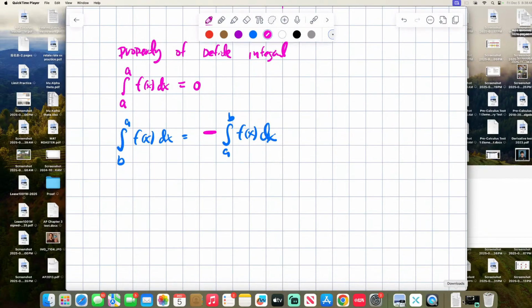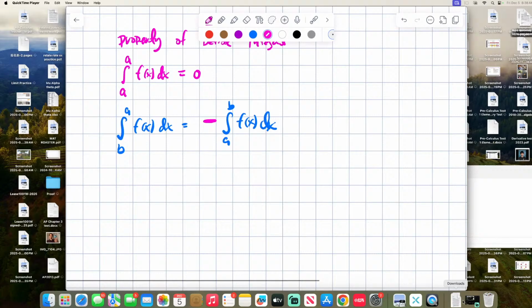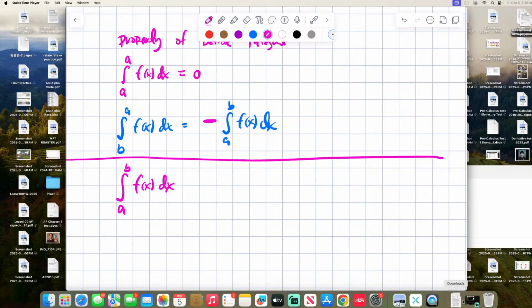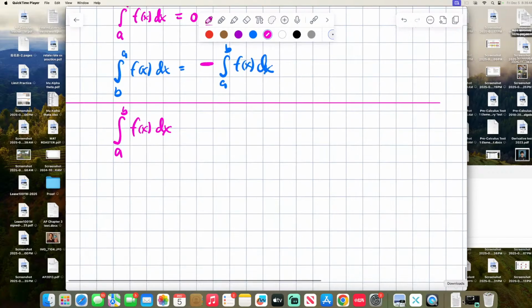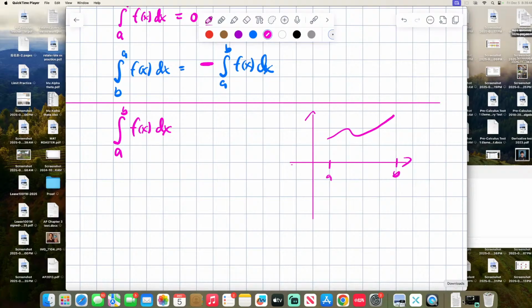There is another one that I forgot to mention in other classes, involving the integral from a to b of f of x dx. It looks like this. Assume the graph is something like this, and this is a to b. Now, what if I have a point c right in the middle?